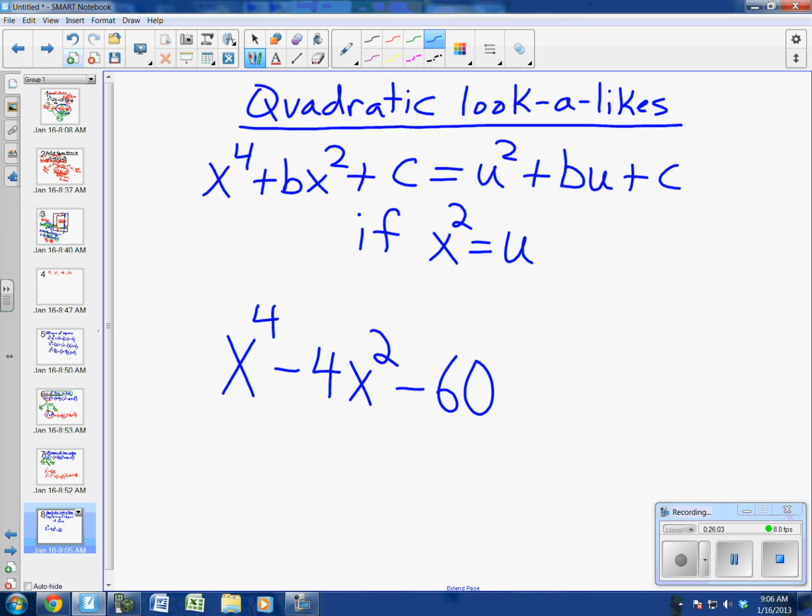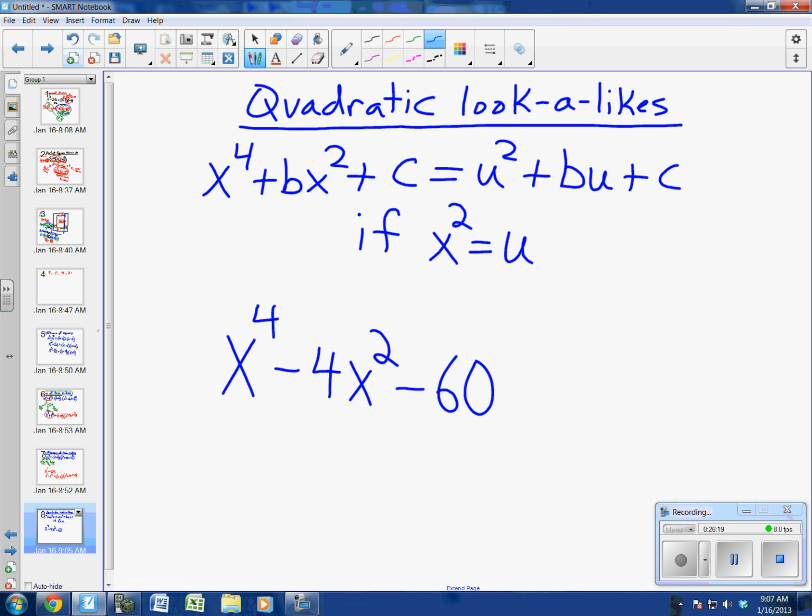Now, does this look like a quadratic equation to you? Yes. It's kind of like x squared minus 4x minus 60. Do you guys know how to factor x squared minus 4x minus 60?